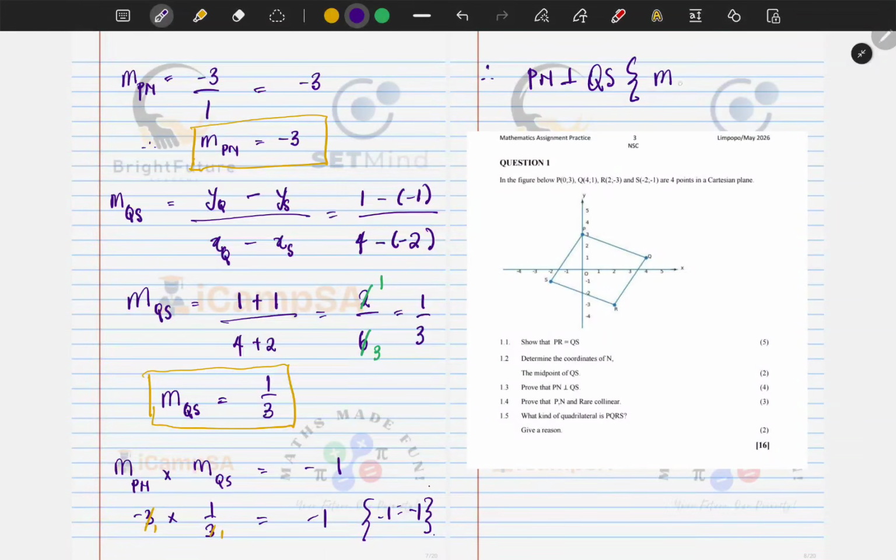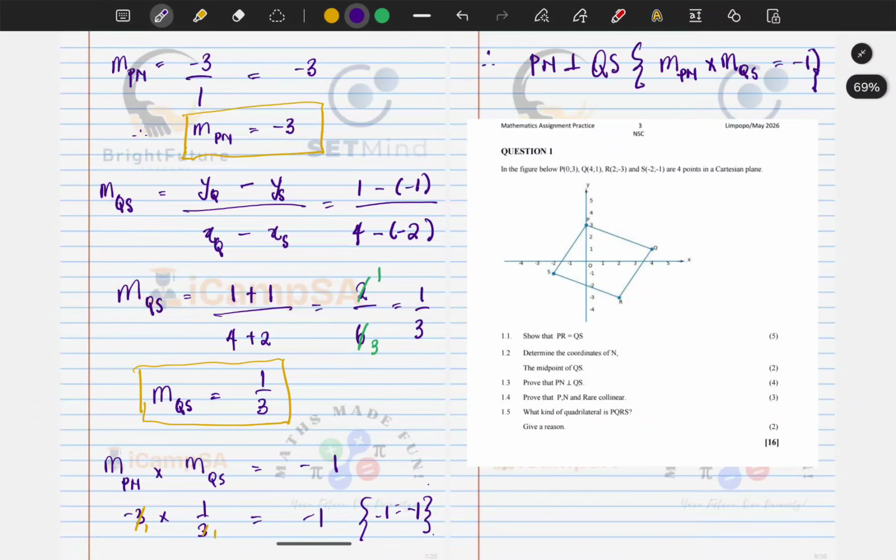Why? Because the gradient of PN times the gradient of QS is equal to negative 1. Right. Great. Perfect. So now let's look at another question, right?